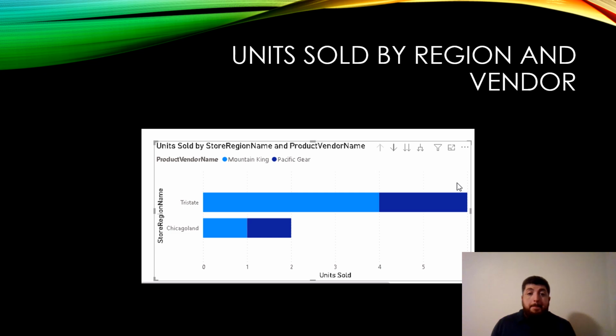Let's see here. So this is the total sold, and then Mountain King is the lighter blue, Pacific Gear is the darker blue, and this is how many units they sold.